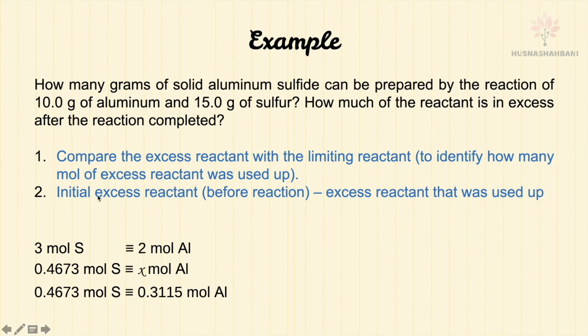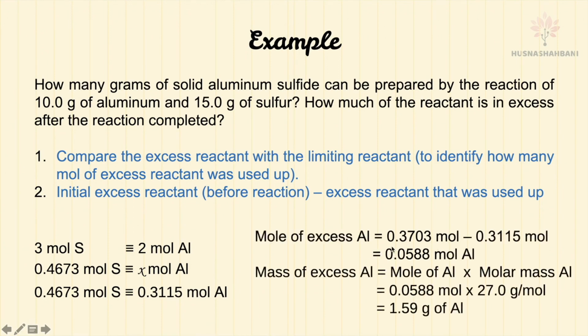And then step number 2, the initial excess reactant number of mole. This is the initial number of mole of Al. Before the reaction start, you have this number of mole of Al. But during the reaction, 0.3115 mole of Al is used up. So minus 0.3115 mole. After the reaction, only 0.0588 mole of Al left.